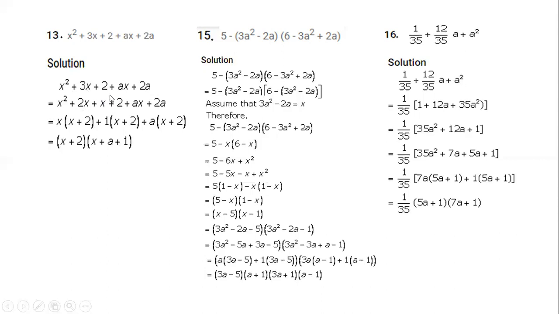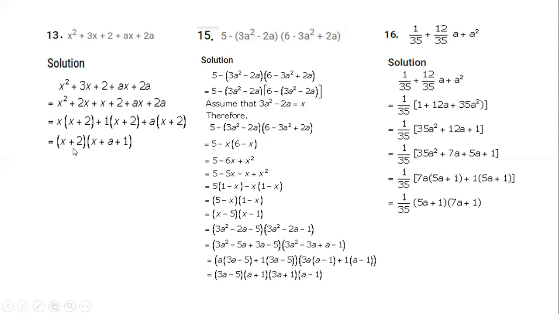From this second pair, x plus 2, I can take 1 common, which is equal to x plus 2. From this last pair, ax plus 2a, a can be taken out common and we are left only with x plus 2. See, x plus 2 is here, x plus 2 is here, x plus 2 is here.